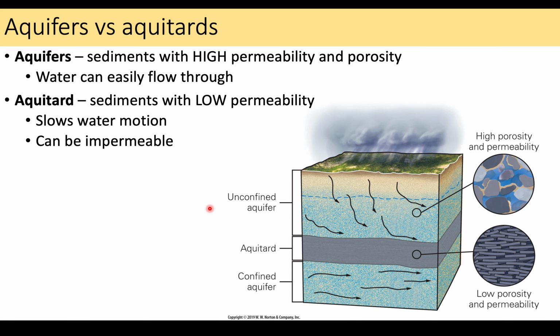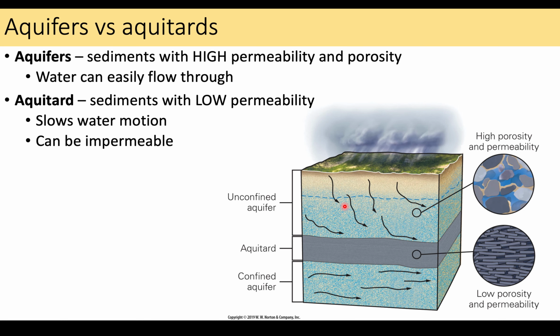So an aquifer is a layer of rock or sediment that has a large amount of water in it, and that water can move pretty freely. An aquitard is the opposite. This is rock or sediment that has very low permeability as well as low porosity. So the water is going to move very, very slowly, if at all. It can also be almost completely impermeable, where there's going to be no water.